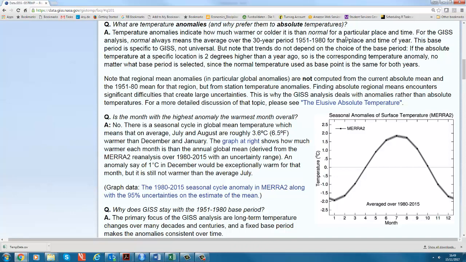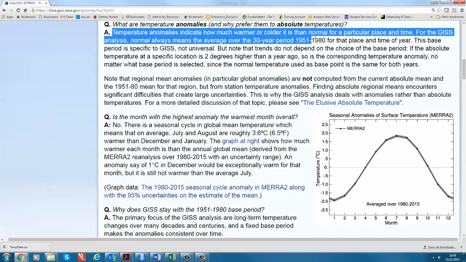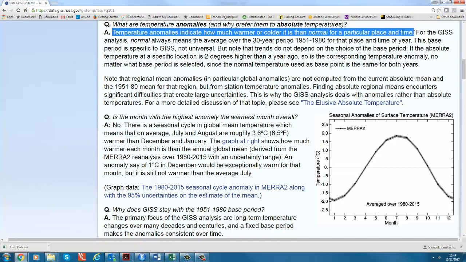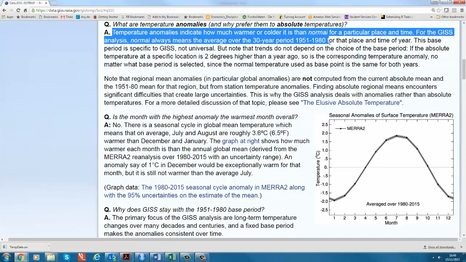But just for starters, temperature anomalies indicate how much warmer or colder it is than normal for a particular place and time. Normal always means the average over the 30-year period, 1951 to 1980, for that place and time of the year.